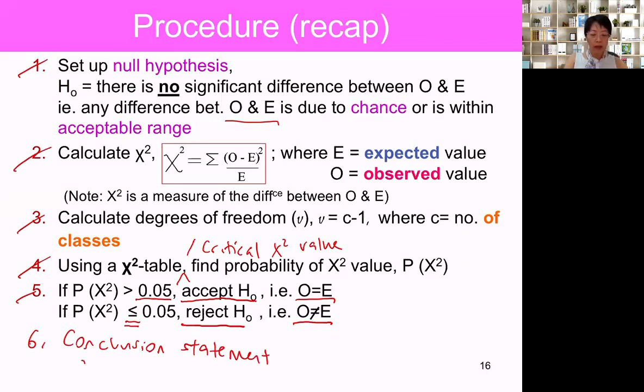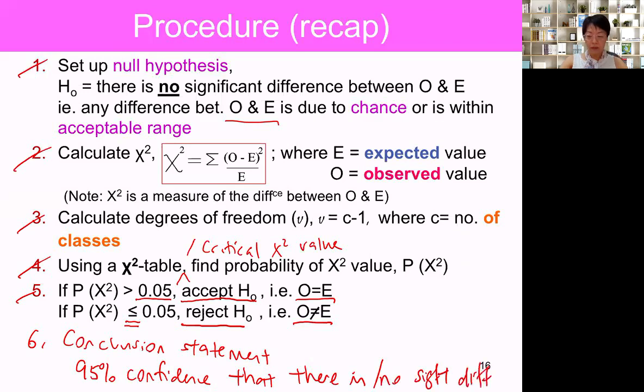So your conclusion statement is, there is 95% confidence that there is, or no, significant difference, okay, between O and E. And please elaborate what is O and what is E. So this is your conclusion statement. So these are all the six steps involved in doing a chi-square test.